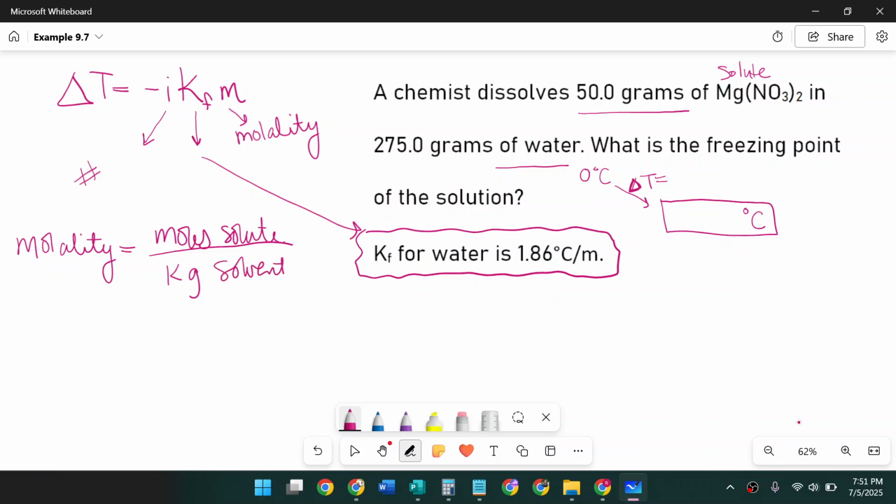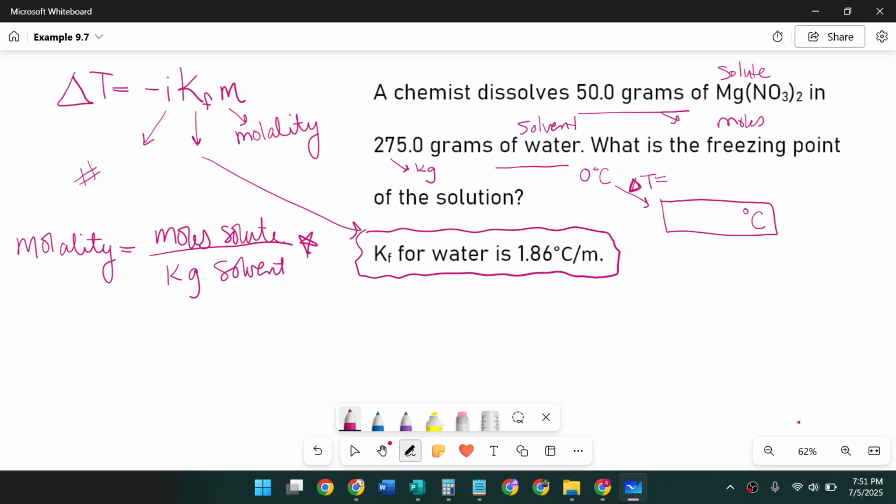What is our solvent? It's water. So we need to convert this to kilograms, and we need to convert this to moles. And once we've done those two things, we can plug them in, find the molality, and then we'll have all the pieces we need. We'll have our K because it was given, we'll have our molality because we find it, and then the i is the other thing that we need.